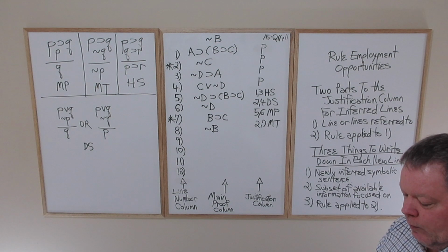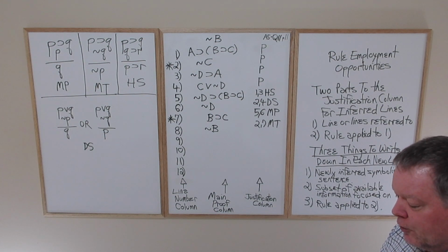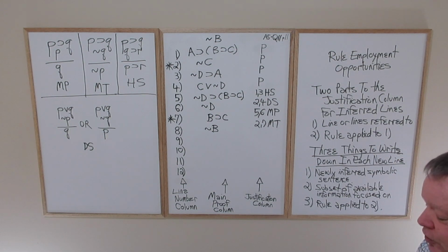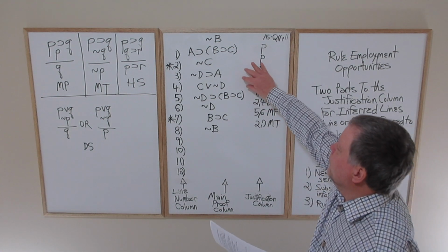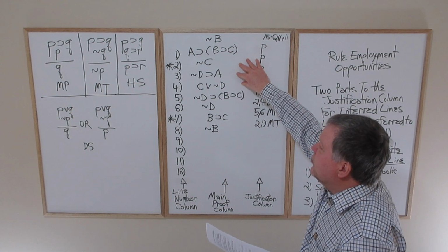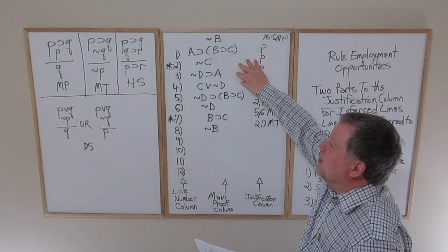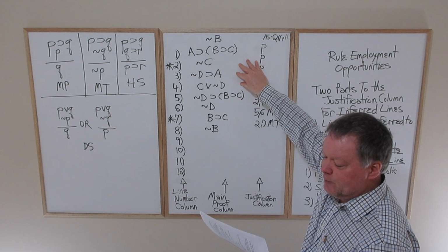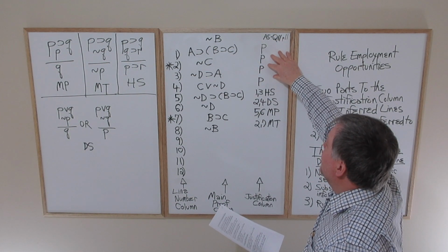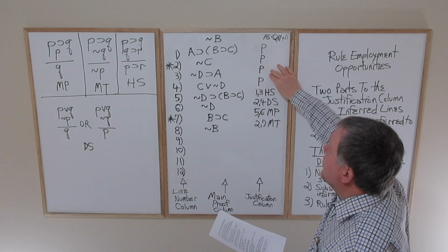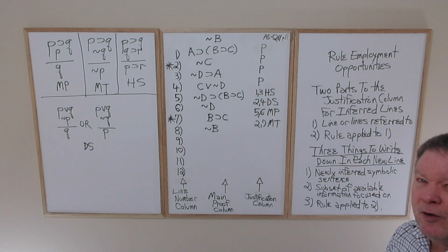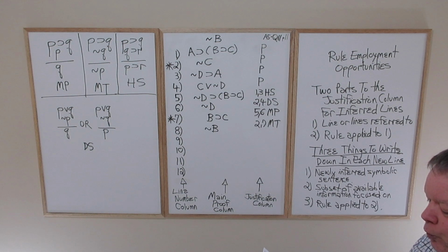So, you start off with one or more sentences that you assume are all true. These are our premises. They're going to be different for each question. In the justification column, we just indicate that they're premises. We're assuming that they're true.